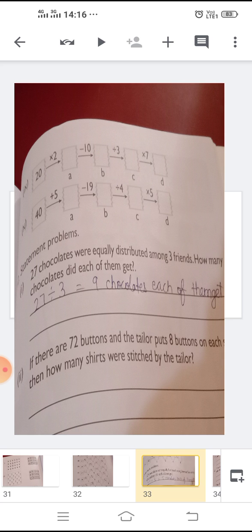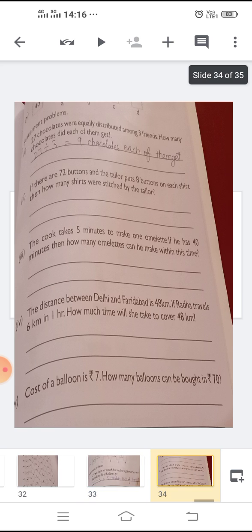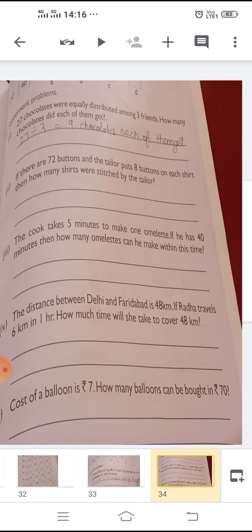In statement problem, you can see 27 chocolates were equally distributed among 3 friends. How many chocolates did each of them get? So, you can see 27 divided by 3, that will give you 9. 9 chocolates each of them get.